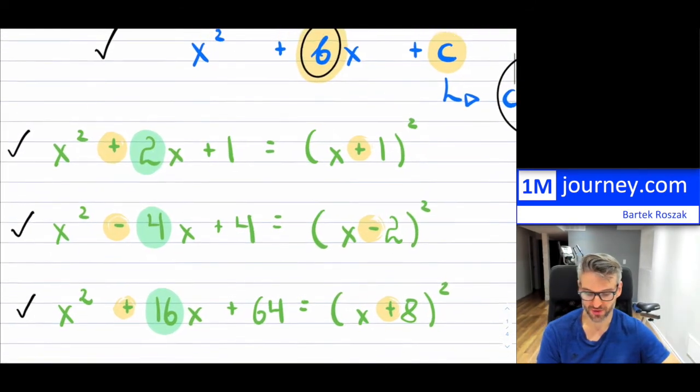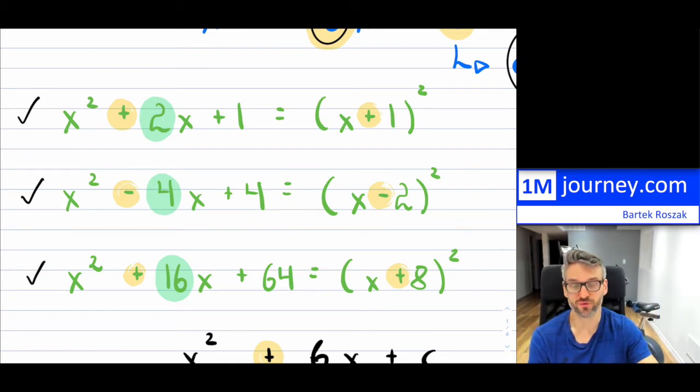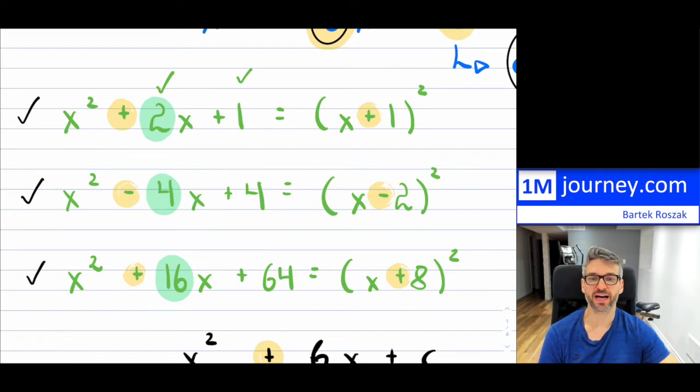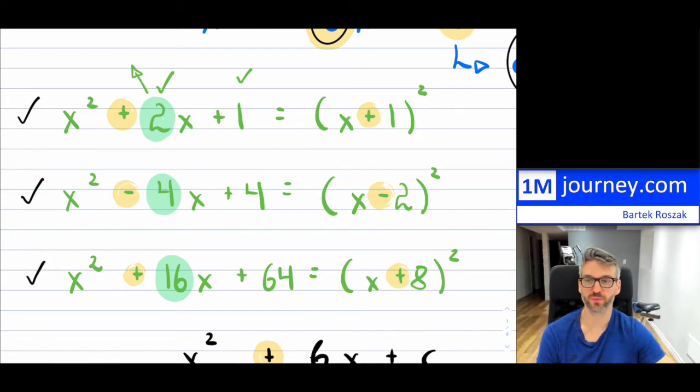Now notice that indeed we can test what we just did. Of course all of the information here is given, right? I know my b and I know my c. But let's imagine I didn't know my c. What I would do is take my b, which is 2.